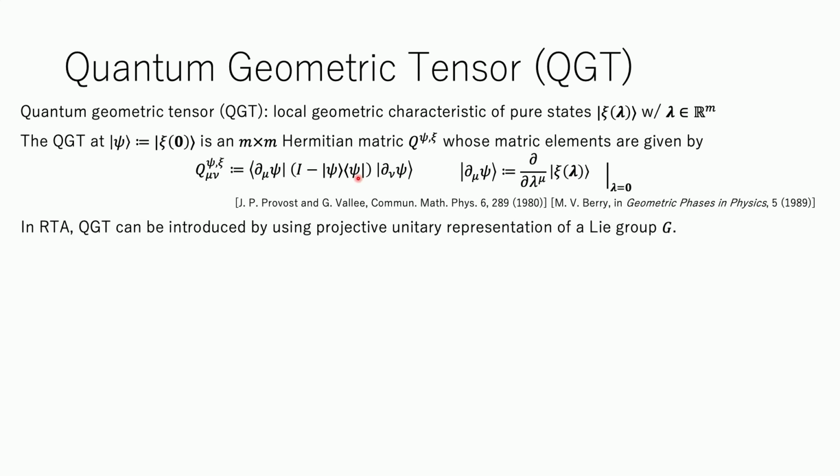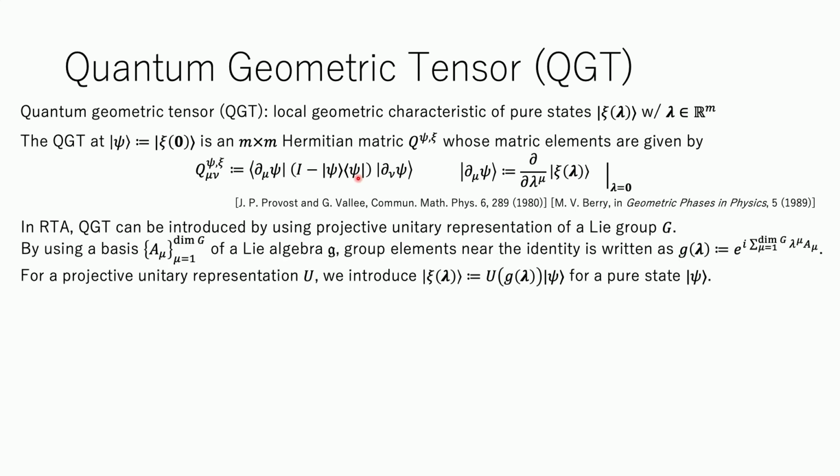And in the resource theory of asymmetry, the quantum geometric tensor can be introduced by using a projective unitary representation of a Lie group G. For this purpose, we fix a basis of a Lie algebra to parameterize the group element near the identity in this way.